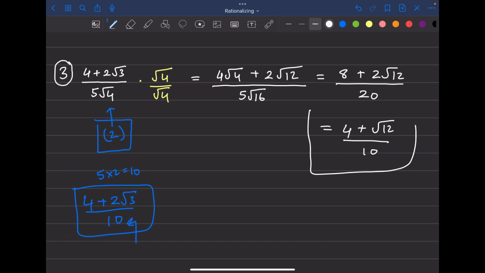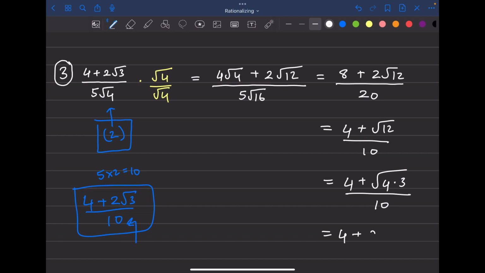Now you might ask, these don't look similar, but there's another trick that you might know how to do. You don't really need to know this for now, but root 12 is root of 4 times 3 over 10. So what we know is that this will give us 4 plus 2 root 3 over 10, because root of 4 is 2, and we already know that. So these are the exact same.